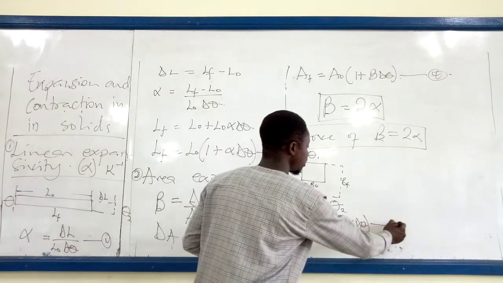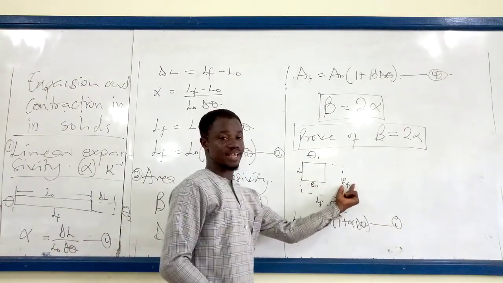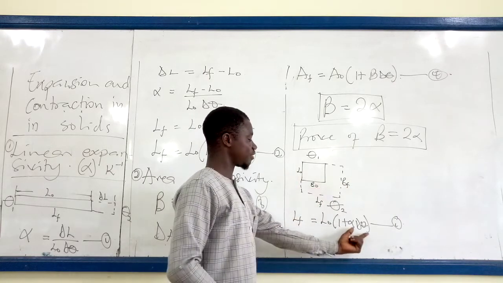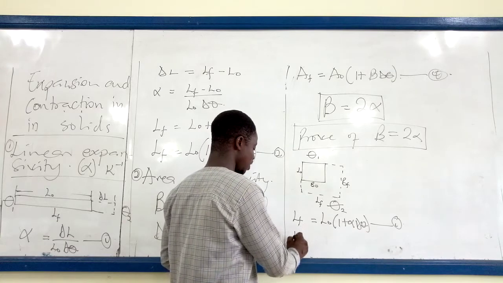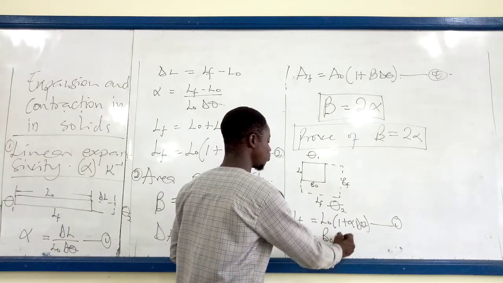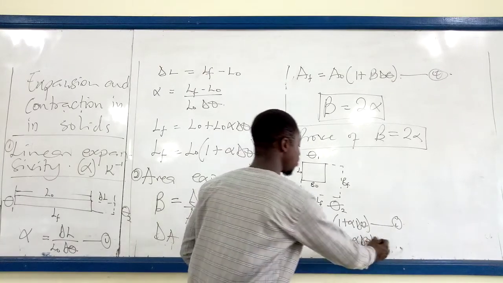Let me call this equation I. When I do the same thing for the breadth, that will give me BF is equal to B0 into bracket 1 plus the same alpha delta theta. Let me call this equation 2.